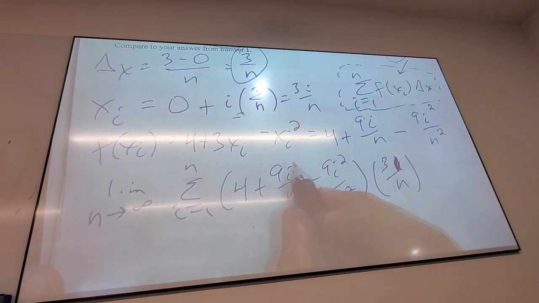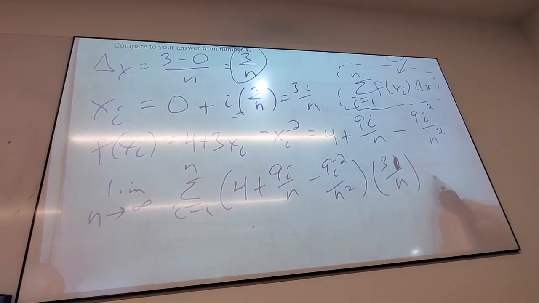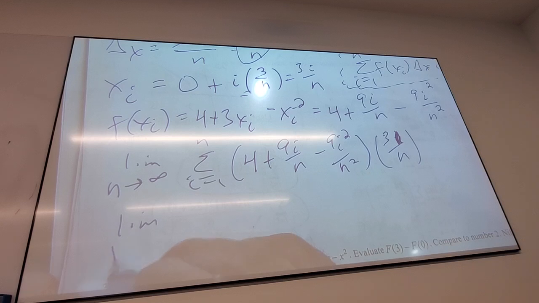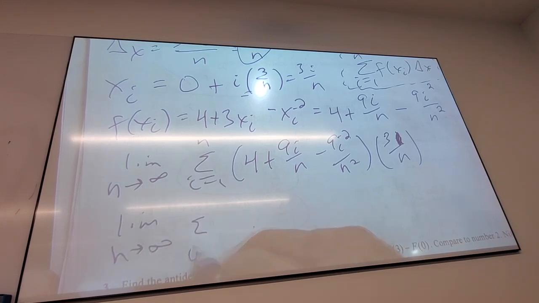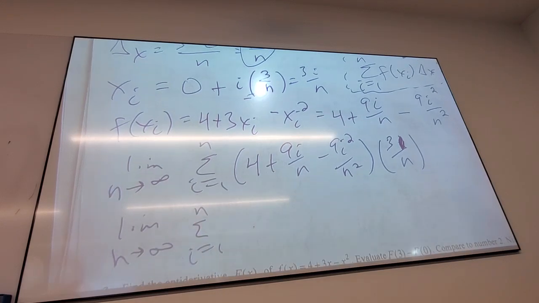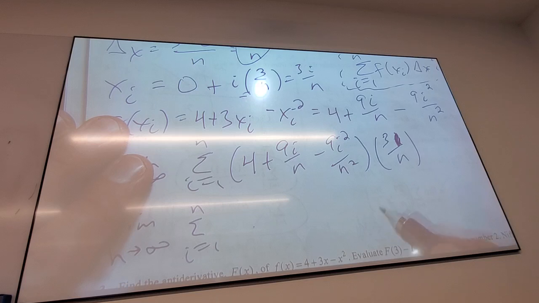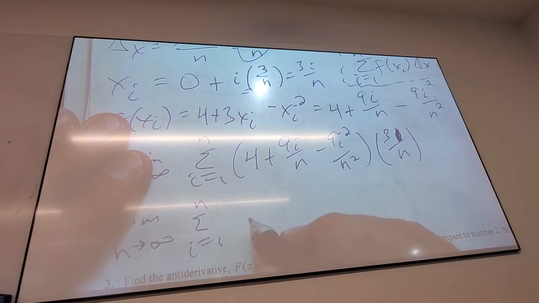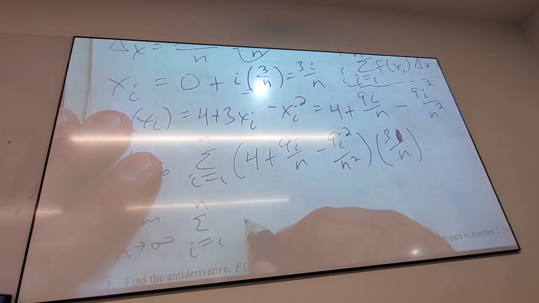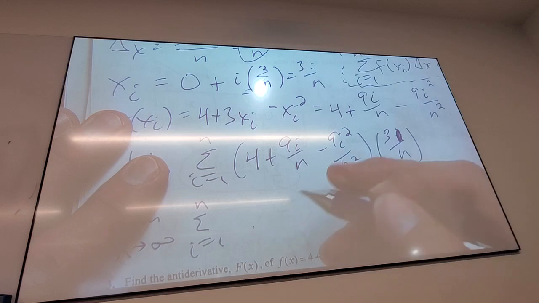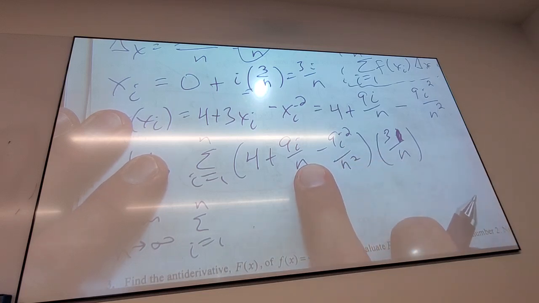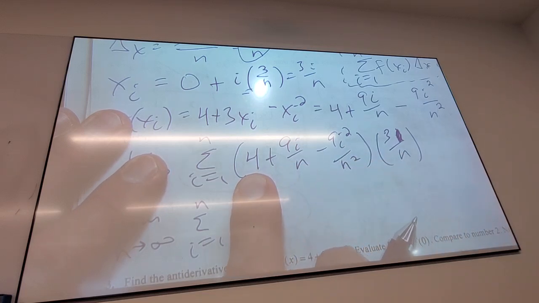So what I'm going to do now is simplify this inside. What's the only simplification I can do? Distribute. I can't factor out a 9i over n, because does 12 have a 9i over n?